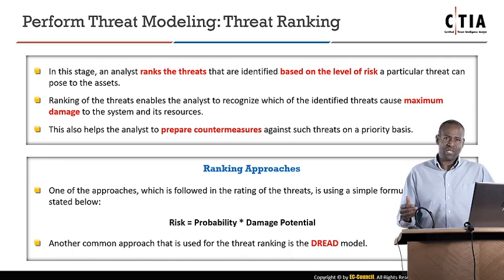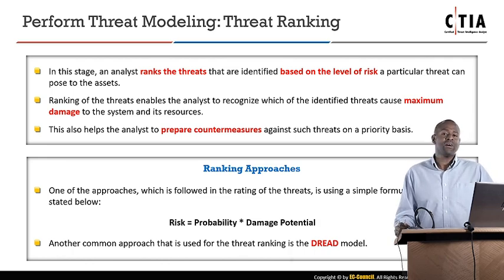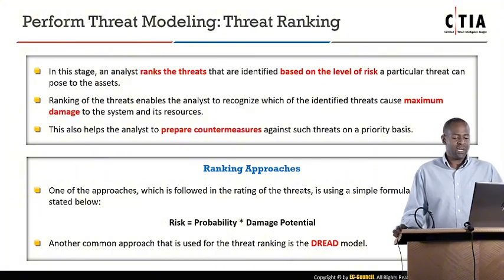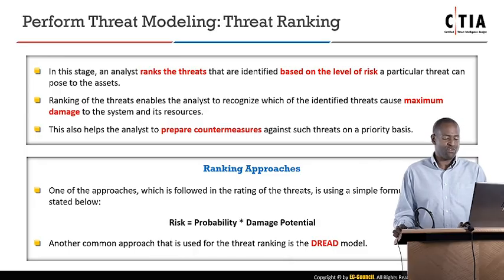But if the damage potential is really, really high, because there is a huge asset that can be disrupted, data that can be exfiltrated or whatever, then your risk becomes very high. And we already talked about threat ranking using the DREAD model. So there are many different ways to rank threats.